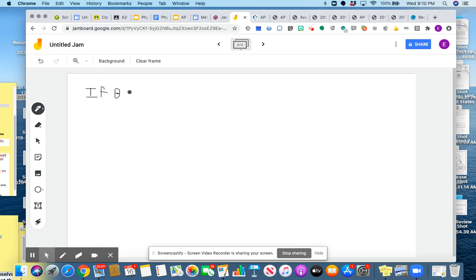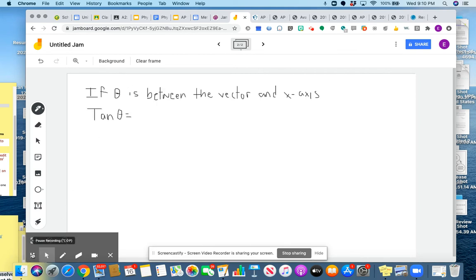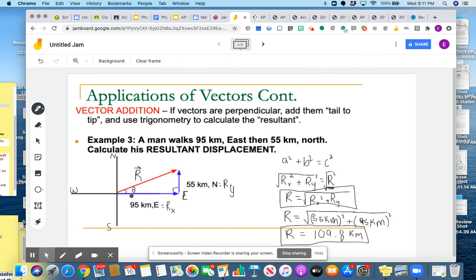So if theta is between the vector and the x-axis, the tangent of theta would be the adjacent side over the opposite side. So it'd be the x component over the y component.